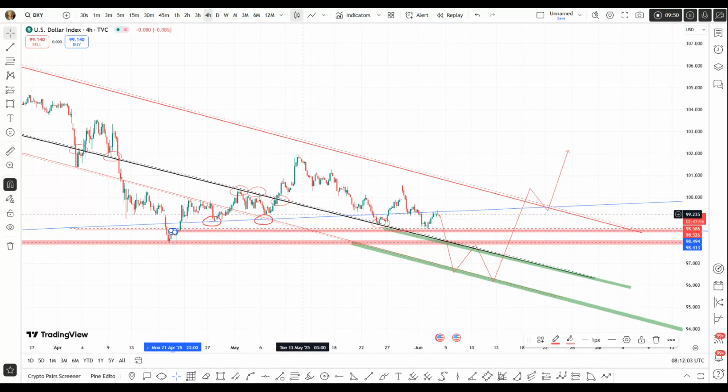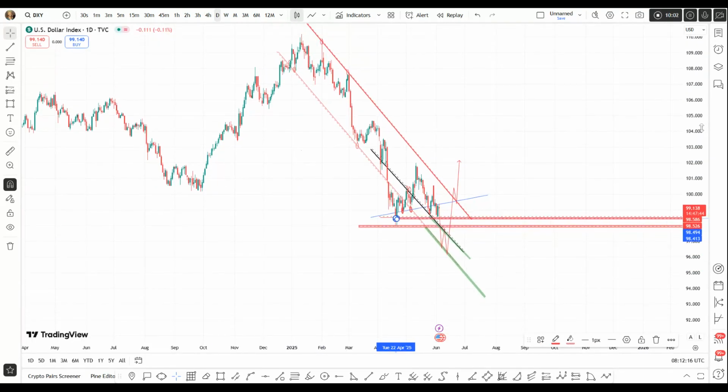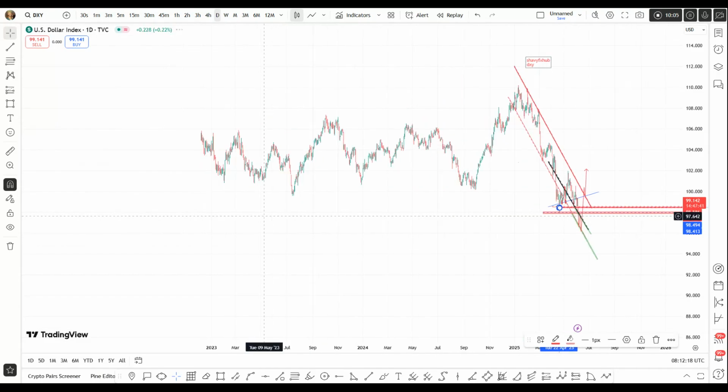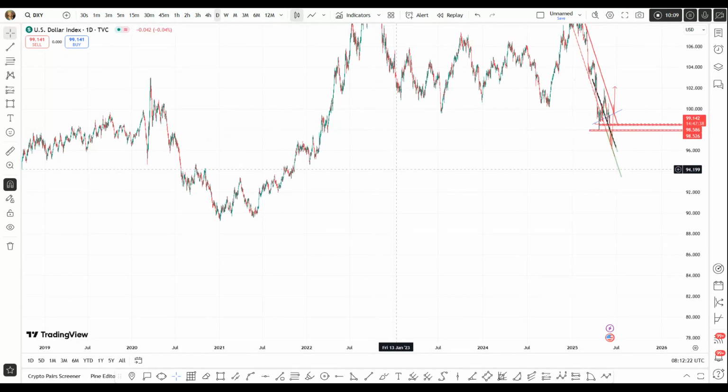But there's already a break of structure at this level on the blue ascending trend line. So if that happens, and that reminds me, on the daily time frame I have an ascending trend line, which I almost ignored. Almost.